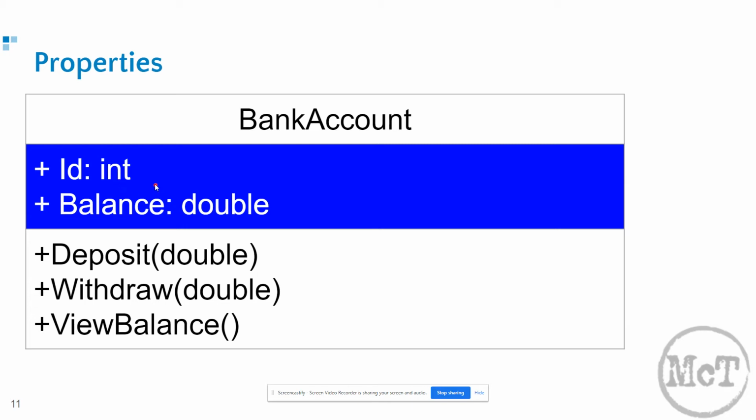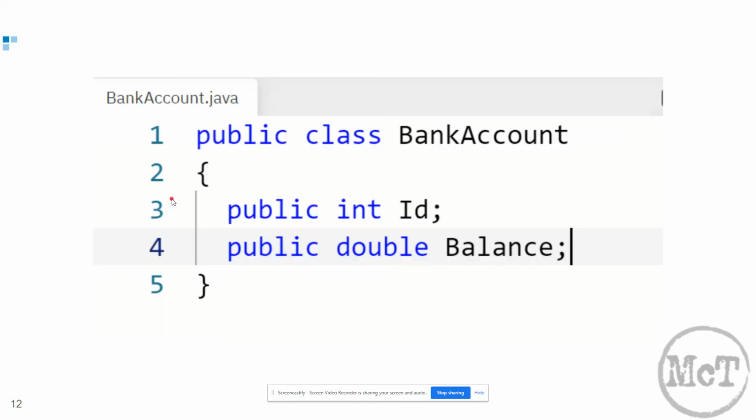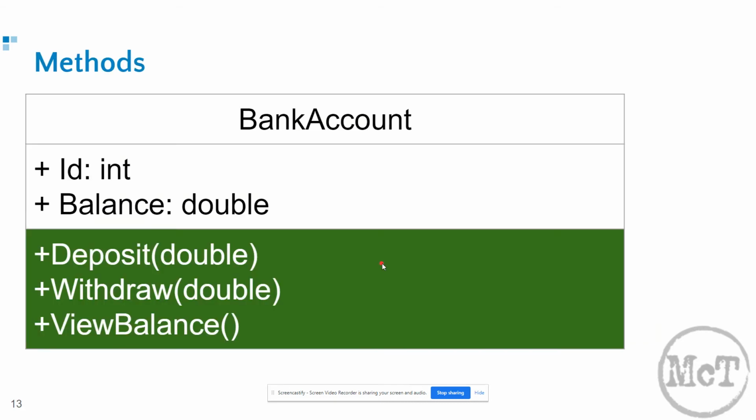So the goal is to use a language that it doesn't matter what the programmer is using, they can refer to this. This is in Java, so I'm going to type it in Java. So public, the data type, which is int for ID, and the name of the variable. I've got one for ID and one for balance. And because balance is money, it's going to have decimal places. That's why I'm using the double.